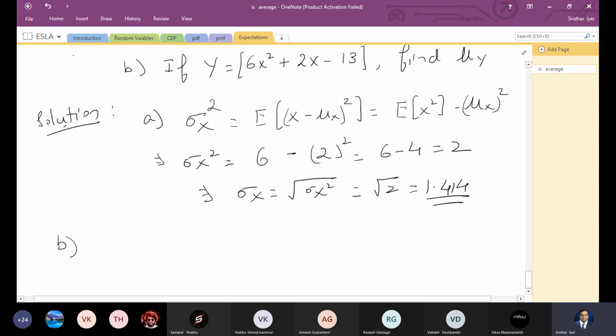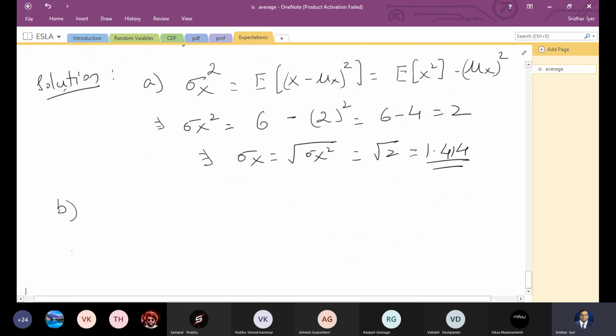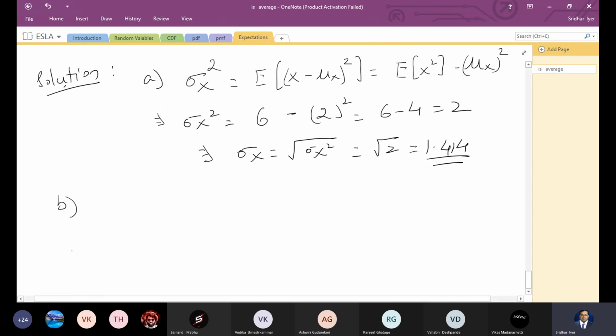Now in the second part, we are given a different random variable y. However, that y is related to the given random variable x in the form 6x square plus 2x minus 13, and we need to find the mean of the new random variable, which is y, right? So this is a tricky part.